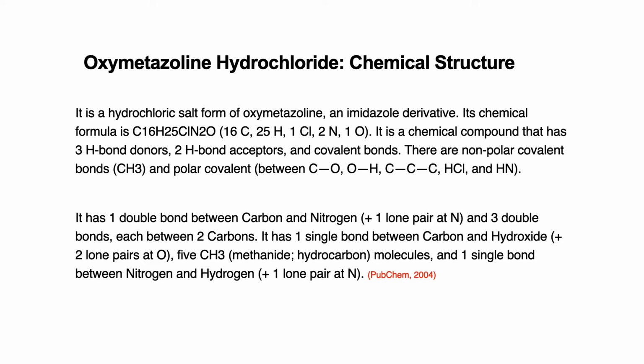It has 1 double bond between carbon and nitrogen, plus 1 lone pair at the nitrogen, and 3 double bonds, each between 2 carbons. It has 1 single bond between carbon and hydroxide, plus 2 lone pairs at the oxygen, 5 CH3 molecules, and 1 single bond between nitrogen and hydrogen, plus 1 lone pair at the nitrogen.